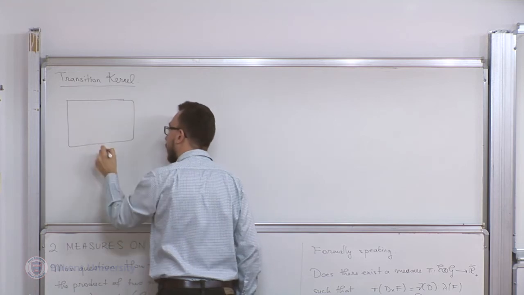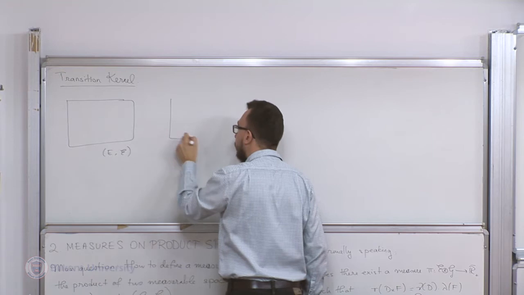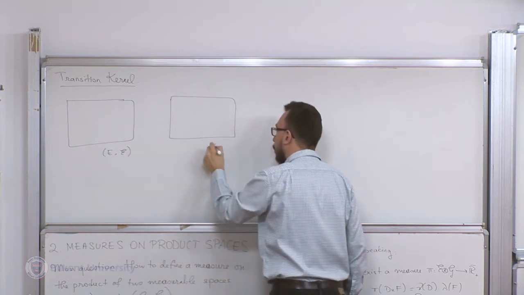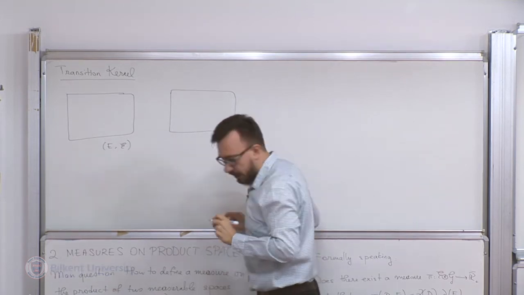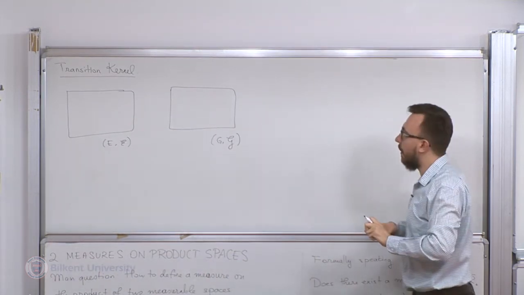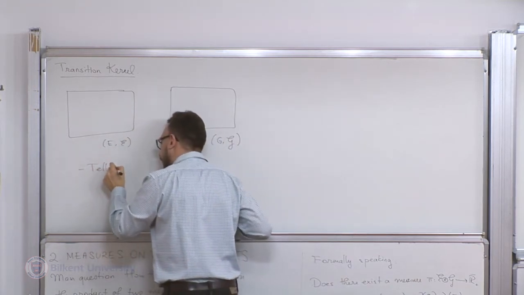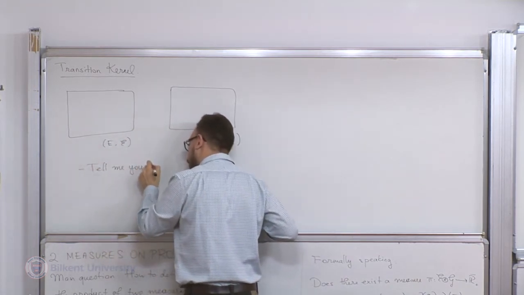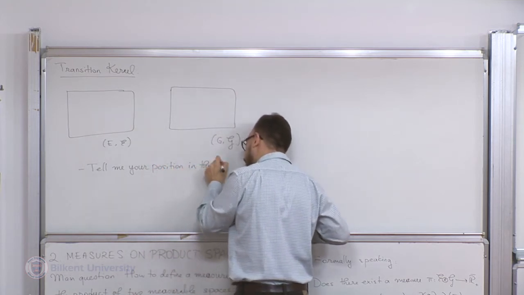One is E, and the other is G. Here's what a transition kernel does. Tell me your position in the first space.